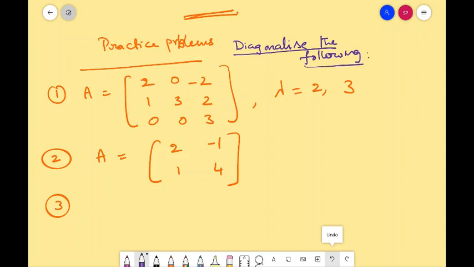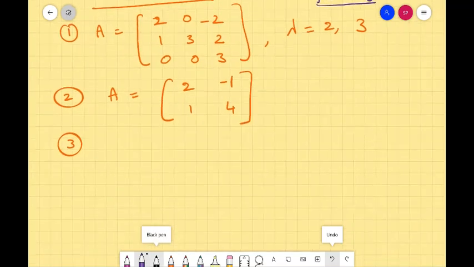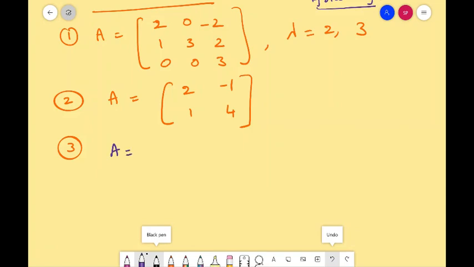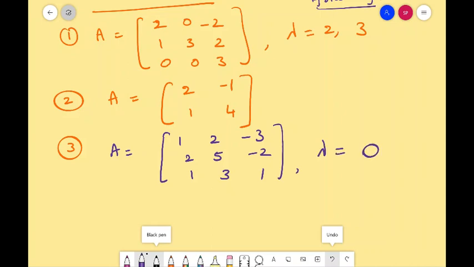And the third question is A is equal to 1, 2, minus 3; 2, 5, minus 2; 1, 3, 1, where lambda is equal to 0, one of the eigenvalues is given here for you.